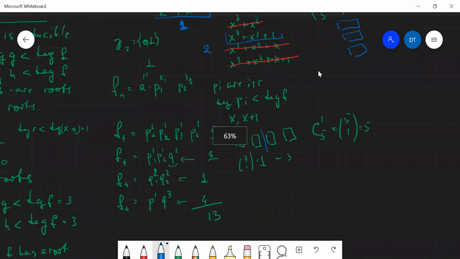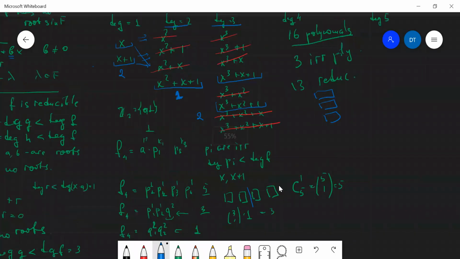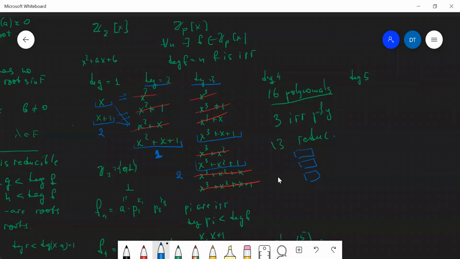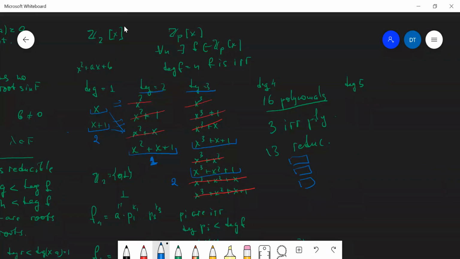Okay, now, let me show you what's going on here. So we were computing irreducible polynomials over Z2 for small degrees like 1, 2, 3, and 4. So you do it going from the smaller degrees to the larger degrees. For degrees 2 and 3, irreducibility is equivalent to having no roots.